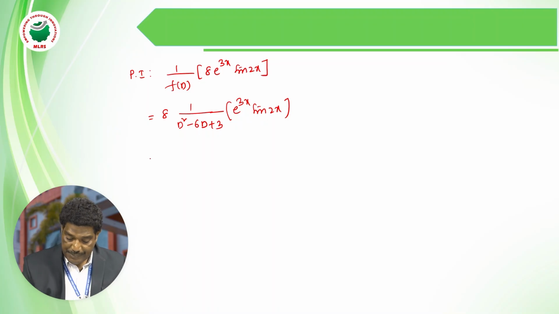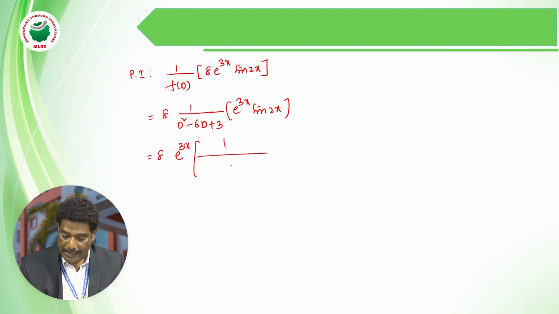So I am shifting e power of 3x outside, and replacing D by D plus 3. That is (D plus 3) whole square, minus 6 into (D plus 3), plus 13, and the remaining is sin 2x.